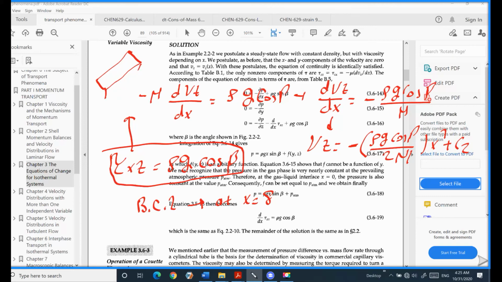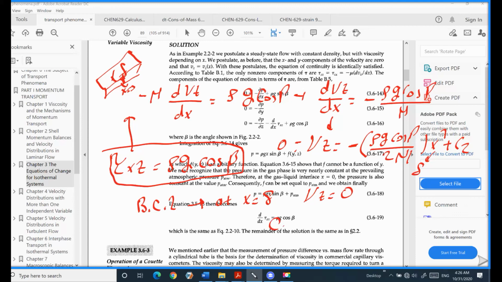For the flow, we have some thickness of flow here in the x direction. x equals 0 here, x equal to the thickness there. Then when x equals the thickness, vz also is going to be 0 at the surface of the flow. When we put this here, vz is going to be 0. Then we can obtain C2 from here.